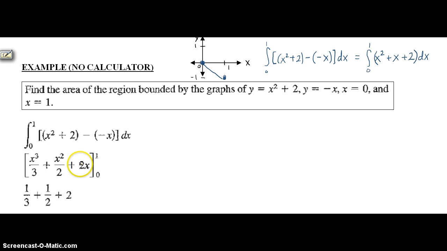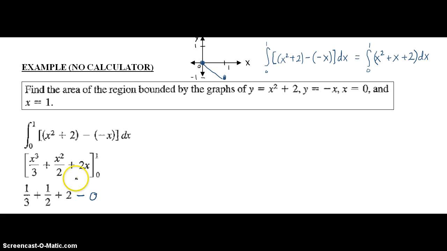minus my lower limit, but when I put zeros in, these all turn into zeros, so you can see in the work down here the lower limit values are not part of the scanned-in solution here. I'm just going to write a -0 just to make sure we know that that is a part of the process.